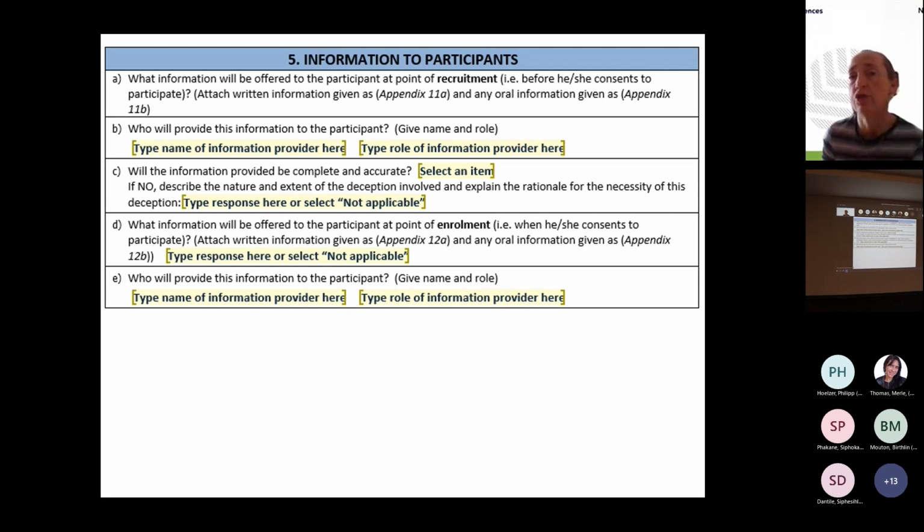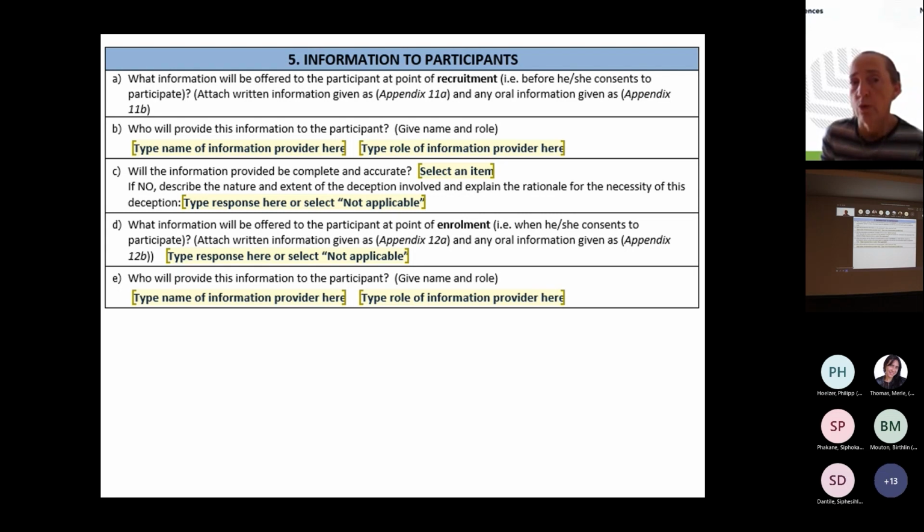If it is oral information, Appendix 11B. That will then be an appendix, hopefully also to your proposal, or it will at least be a section in your proposal, but it will be an appendix in the RECH form.